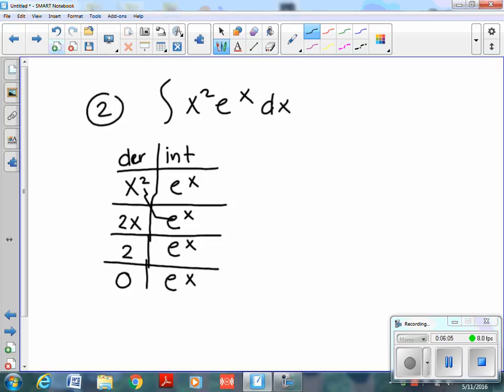These two go together and it makes positive. These two go together and it makes negative. And these two go together to make positive. Final answer: x squared e to the x minus 2x e to the x plus 2e to the x plus c.